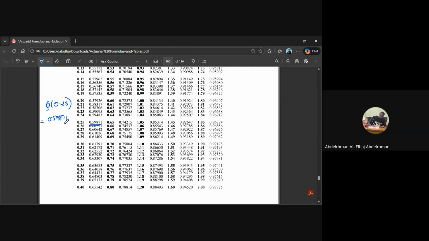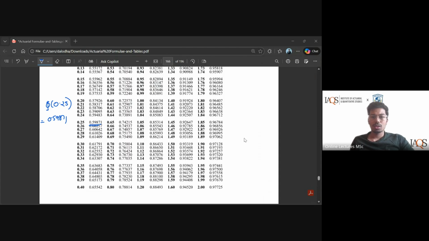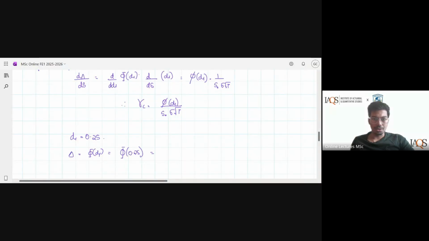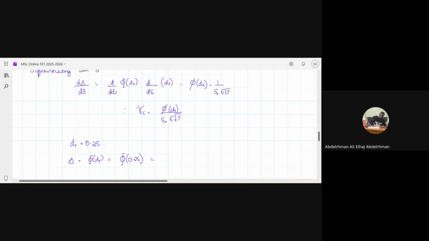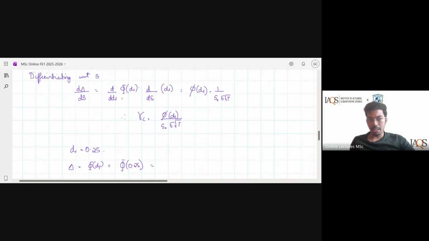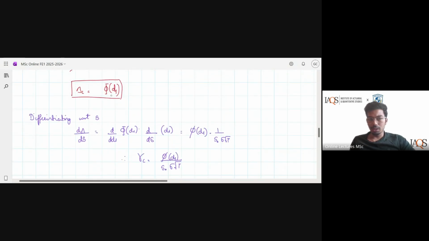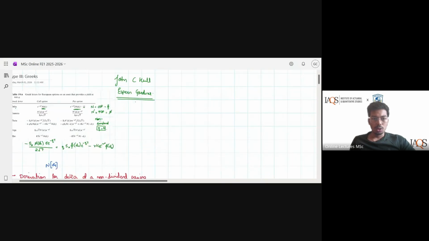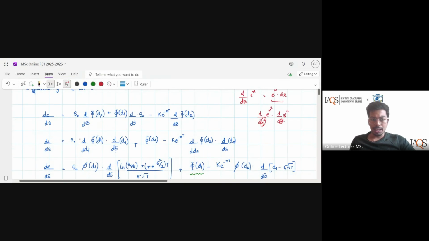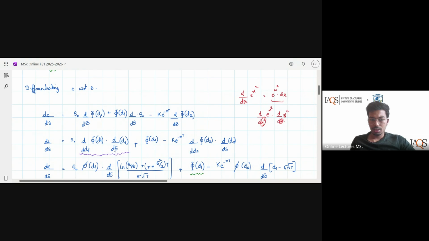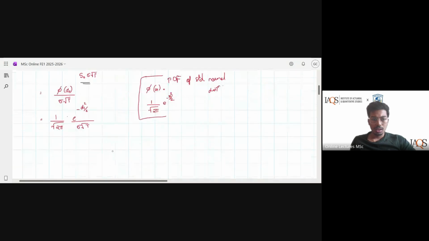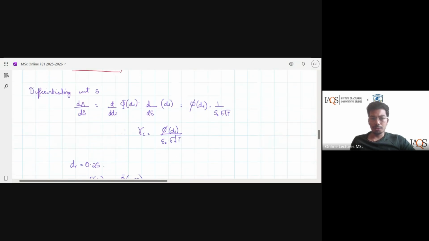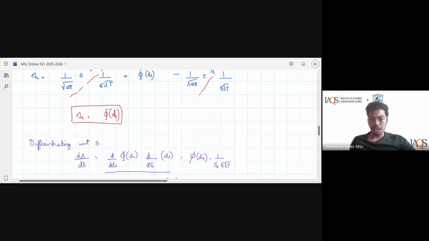No, sir. Go back to one note. Oh, you're saying the gamma derivation. Yes, exactly. Okay. So you know d delta by dS. I know delta is phi of d1. If I go back to my chain rule, phi of d1 was d by d1 of phi of d1 into d by dS of d1. So instead of phi of d1, I write this as my derivative.